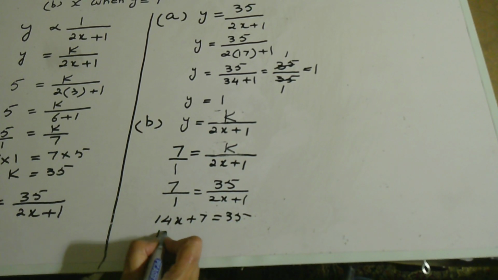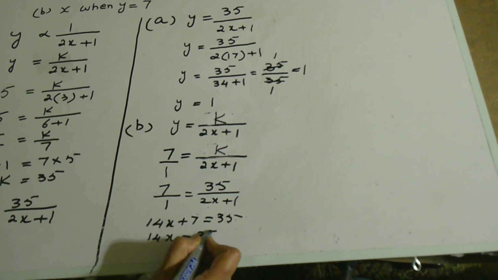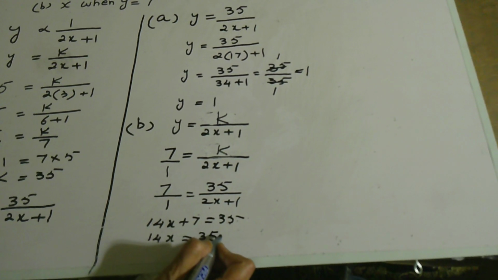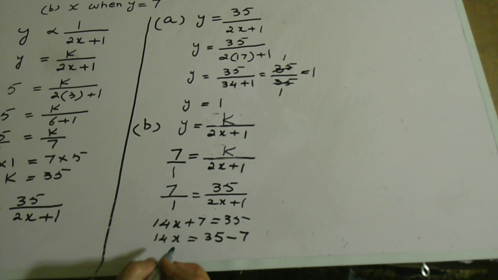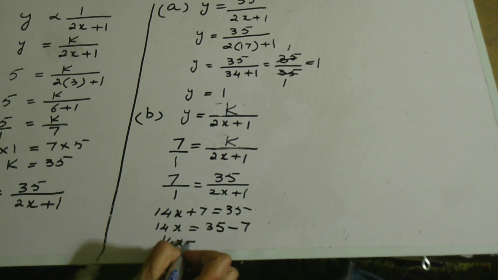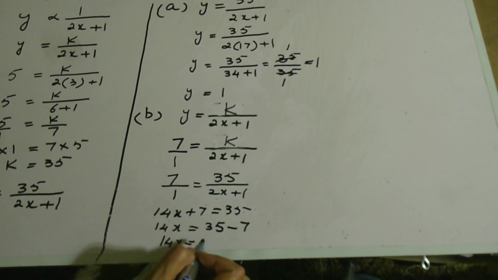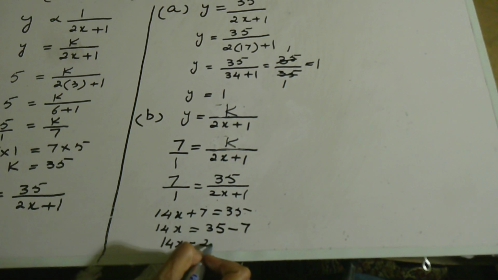So 14x is equal to 35. Here is plus 7, on the other side it will be minus 7. So 14x is equal to 35 minus 7, 28.